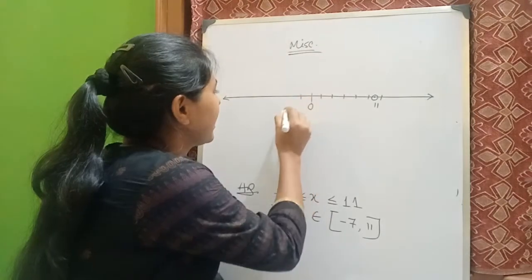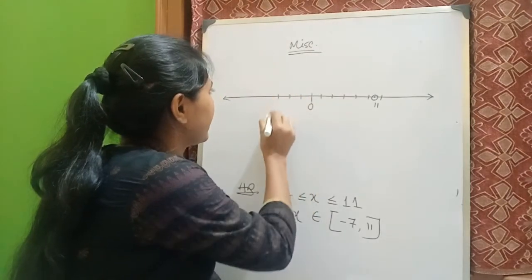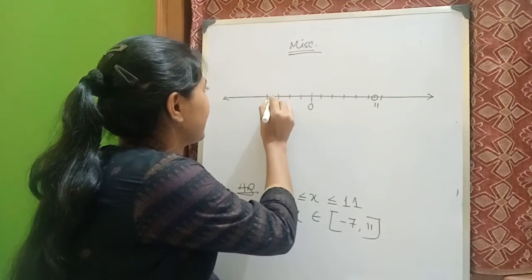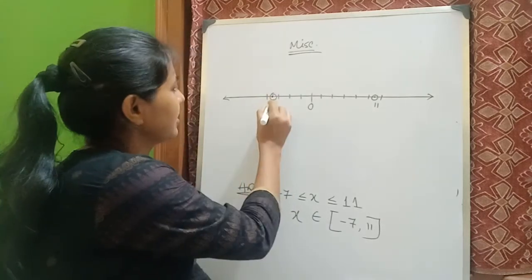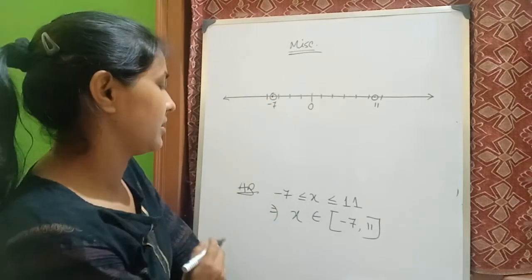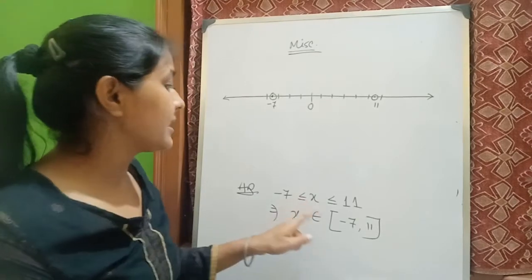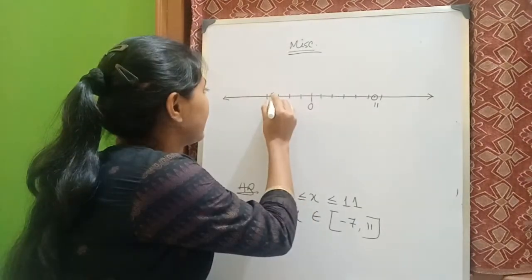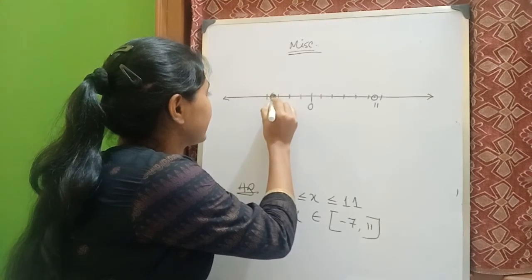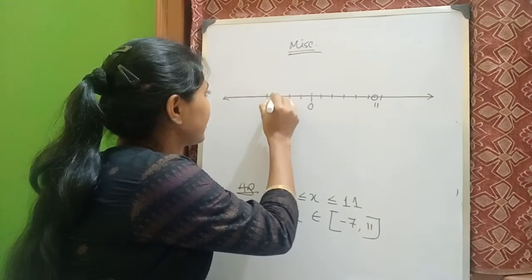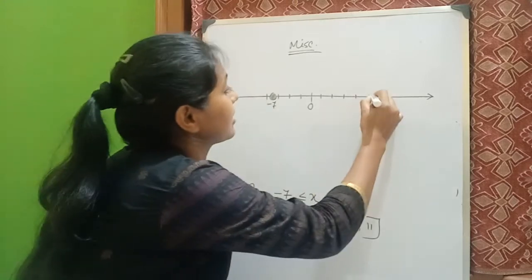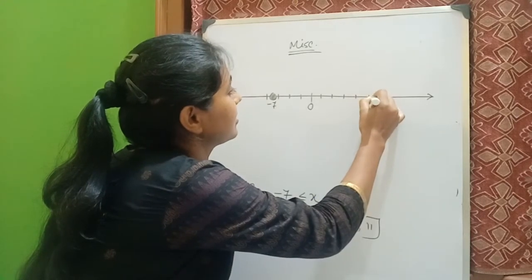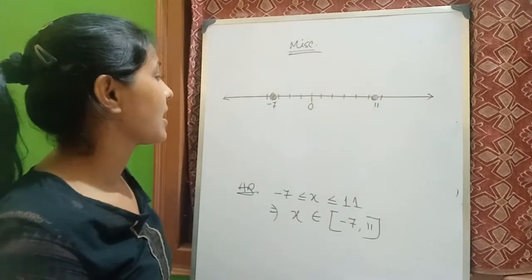Then minus 2, minus 4, minus 6, minus 8. And minus 7 will be here. This is minus 7. As it is a closed interval, we will darken the circle.